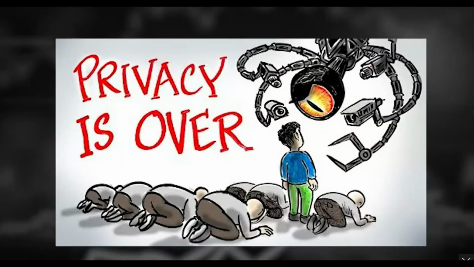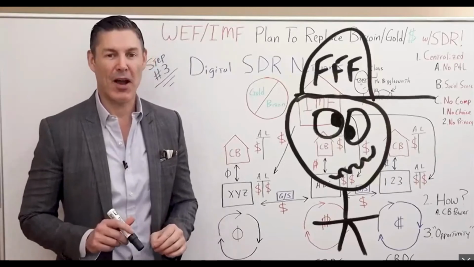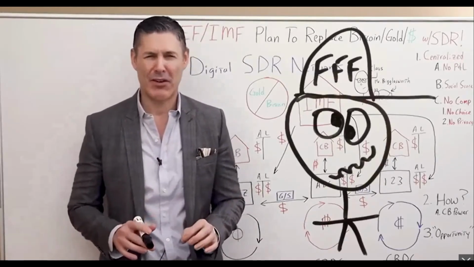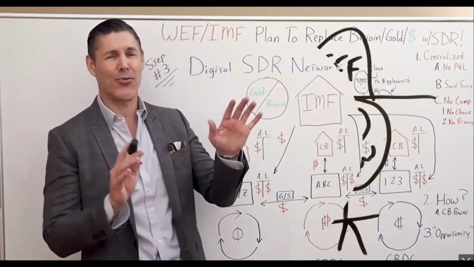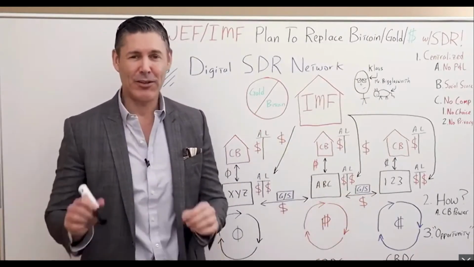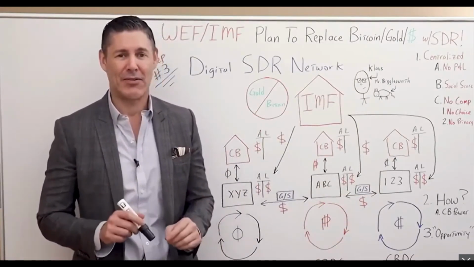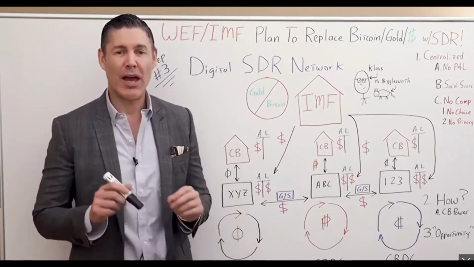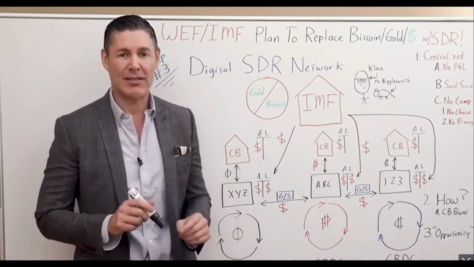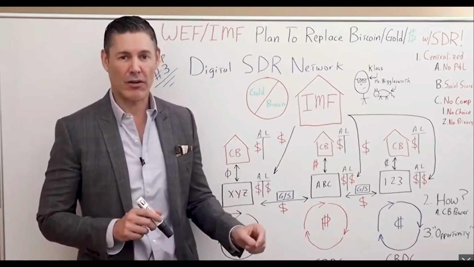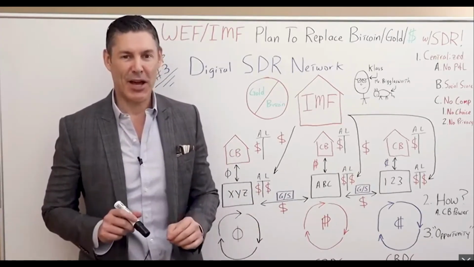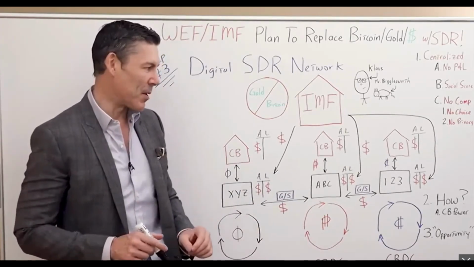But right about now, your friend and family member Fred is probably watching this video and saying, George, that is crazy talk. You libertarian tinfoil hatters, there's no way any central bank or country would ever adopt the SDR over the dollar. Well, let's go ahead and answer that question for your friend and family member Fred.